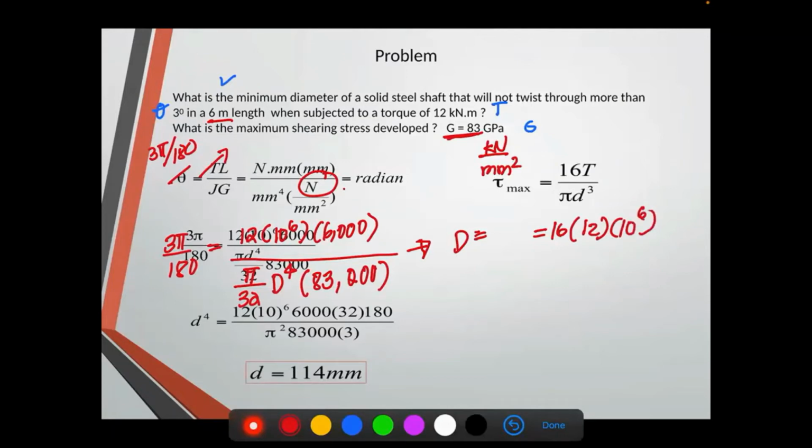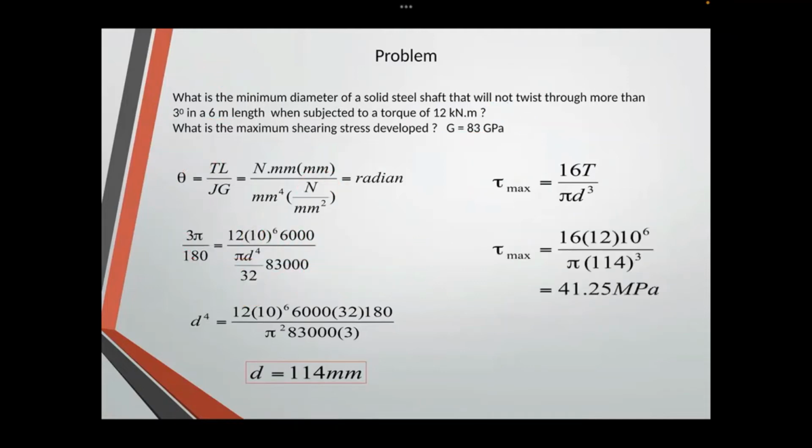And then pi times 114 cube. So, your answer will be in Newton per millimeter squared. Magka-megapascal yung sagot natin. Yan. So, 41.25 megapascal for your shear maximum.